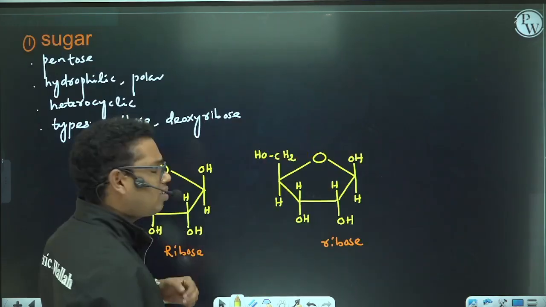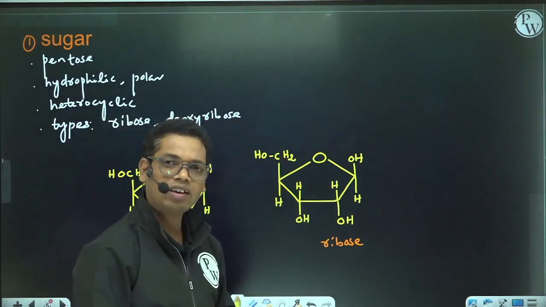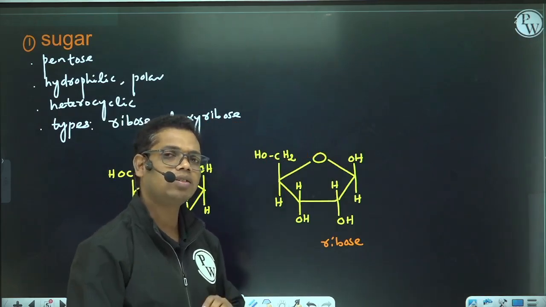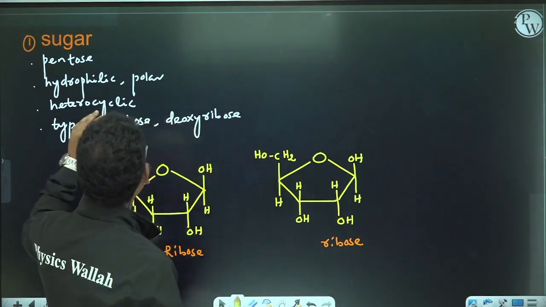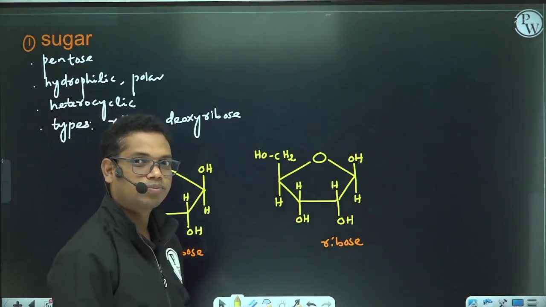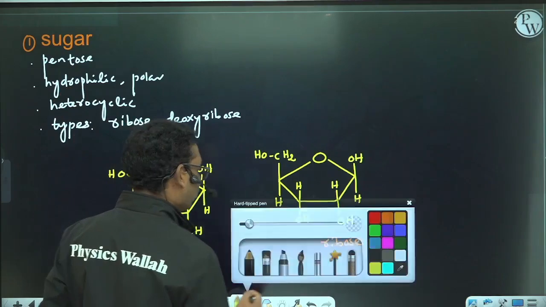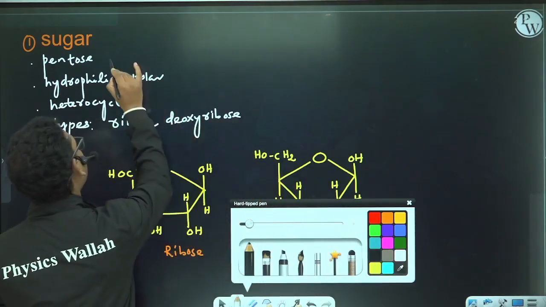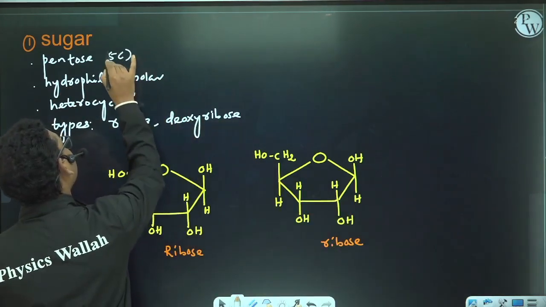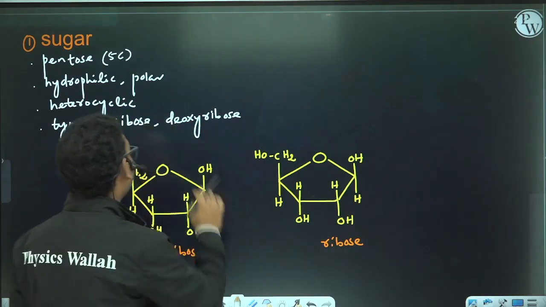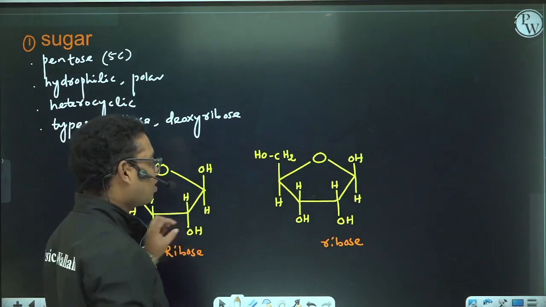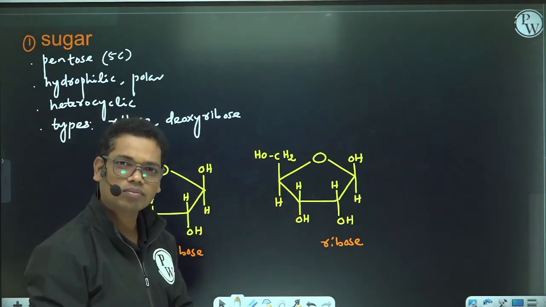So whether the nucleotide is of RNA or DNA, whatever the nucleic acid is, the sugar is always a pentose sugar. That means the sugar will have 5 carbons. Because the sugars present in the nucleotide have 5 carbons, they are called pentose sugars. And these are those pentose sugars. Clear?